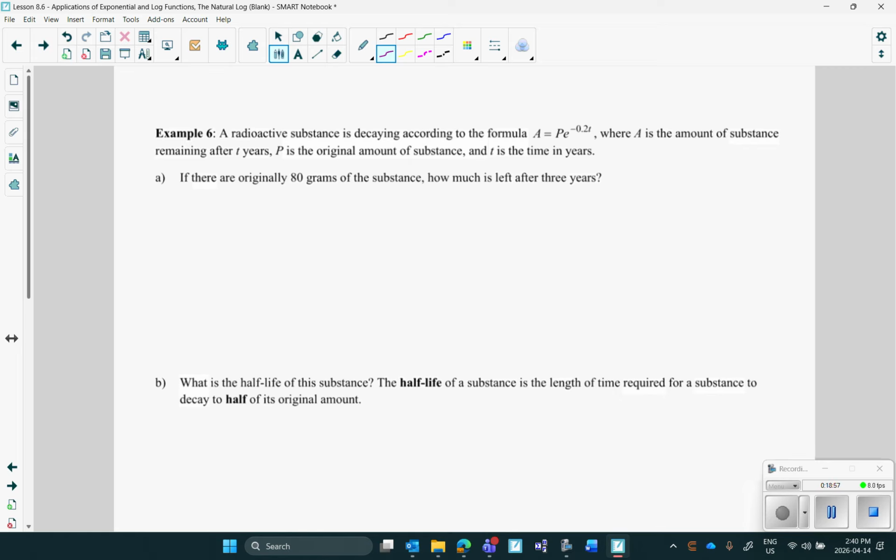So what's A? Question mark. What's P? 80. What's R? Actually, I don't even need to know R. There is no R in this one. Actually, R is negative 0.2. We're dropping 20%. What's T? T is 3.